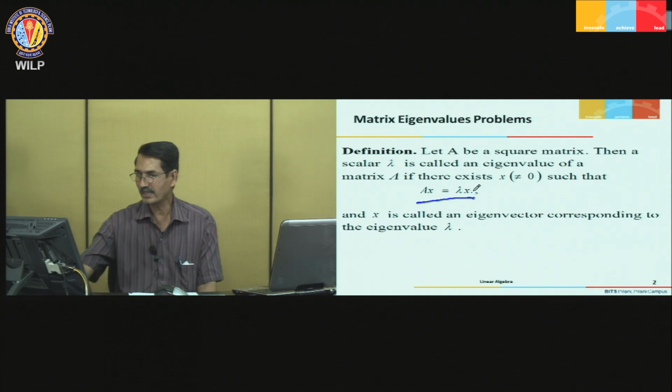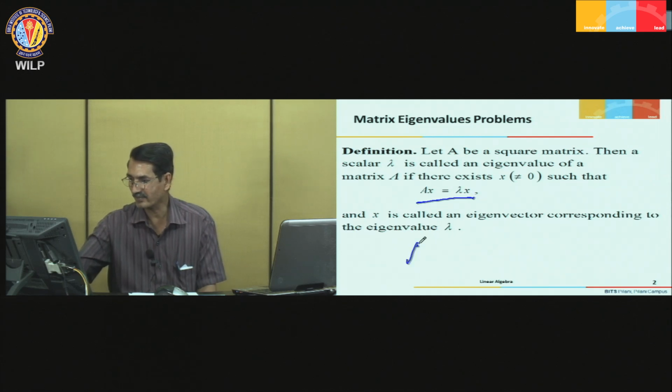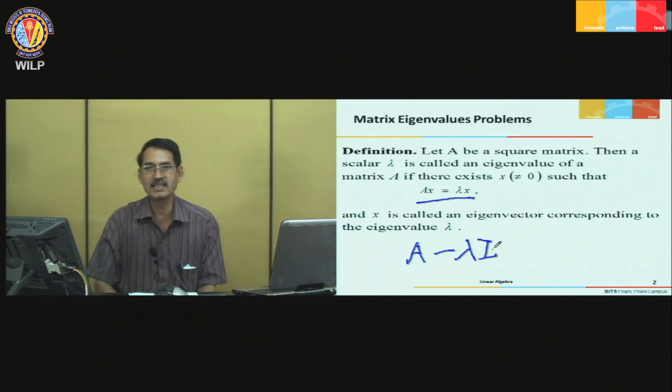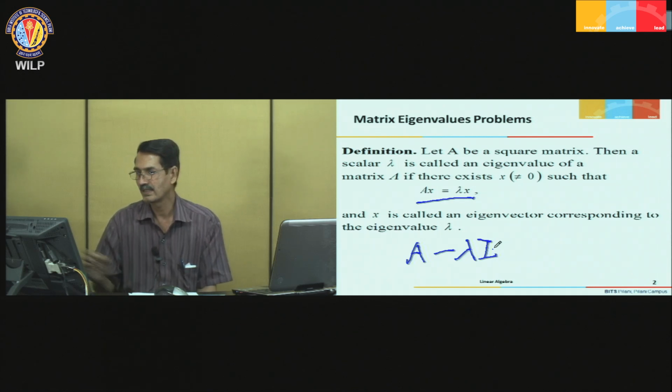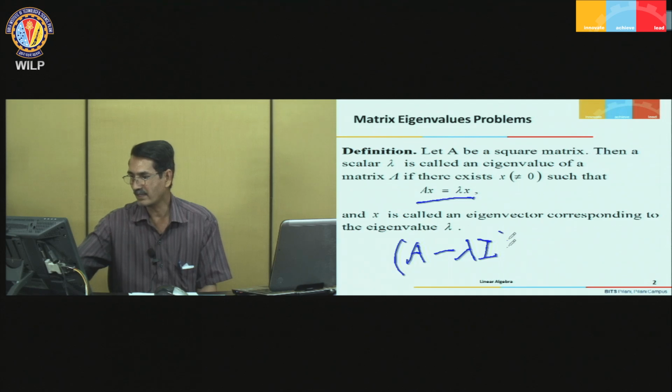Meaning thereby, if you take the matrix A and subtract the matrix lambda I, where I is the identity matrix of exactly the same order as A, then you operate on x and see it is equal to 0.